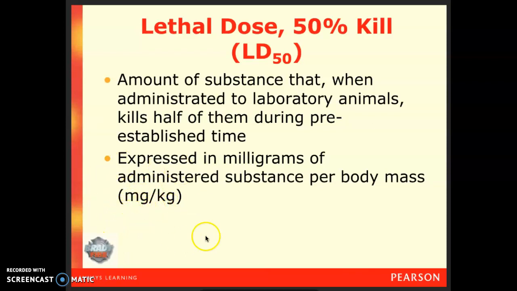And this is to take into consideration one of those things that is really important in the measurement of toxicity, and that is, well, some people are bigger and some people are smaller, and the same dosage might impact each of those people differently. Well, when we level it down to looking at things based on body mass, we can negate some of those effects of big people versus small people.